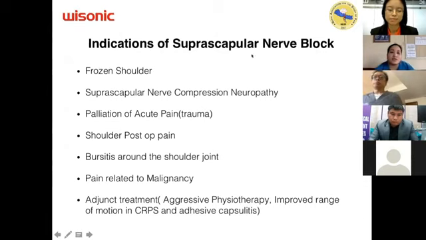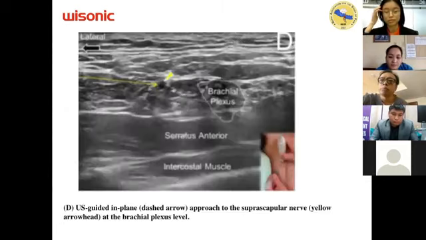The indications for suprascapular nerve block include pain relief in adhesive capsulitis or frozen shoulder, suprascapular nerve compression neuropathy, palliation of acute pain or cancer pain, post-operative pain, bursitis around the shoulder joint, or as an adjunct treatment with aggressive physiotherapy. We can combine it for pain relief.